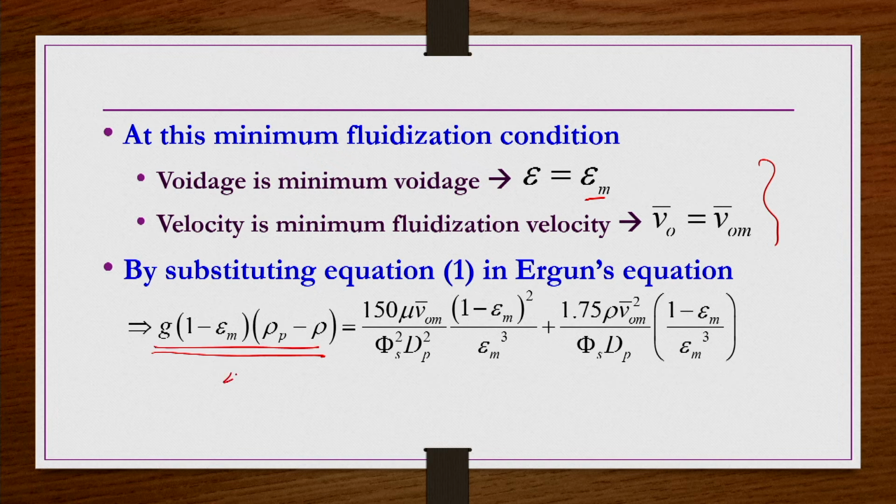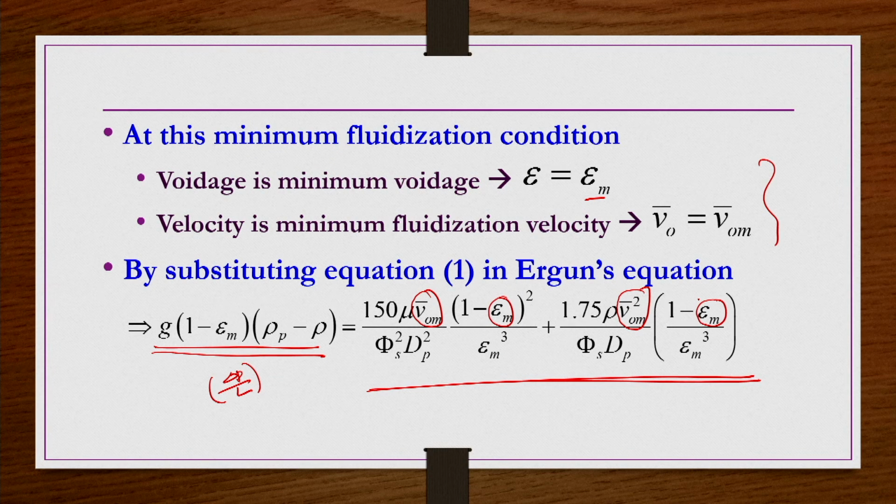So, this is nothing but delta P by L of our Ergun's equation, and this is the right hand side term as it is. The only thing we have done here is that the superficial velocity we replaced by the minimum fluidization velocity, and the voidage we replaced by the maximum voidage at minimum fluidization conditions.